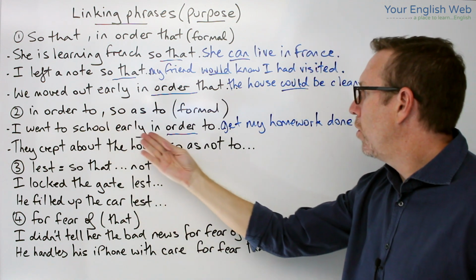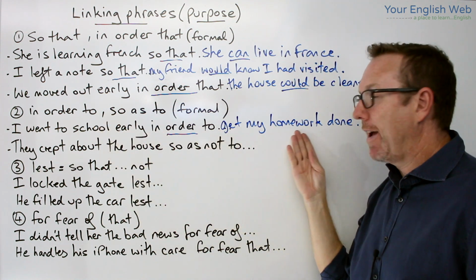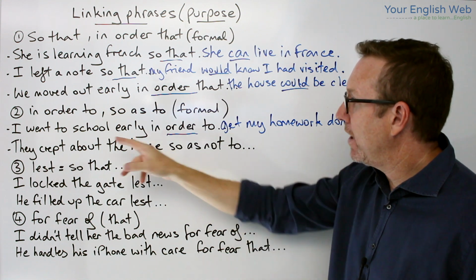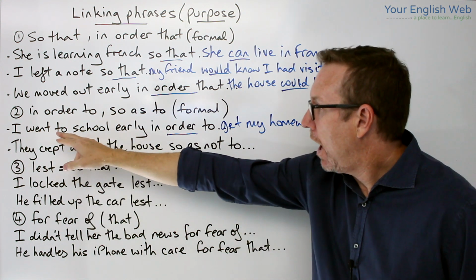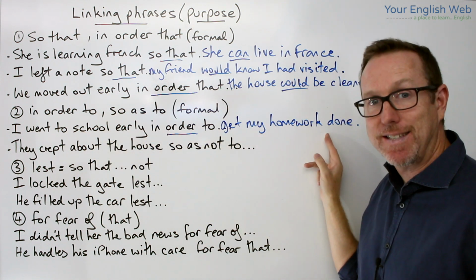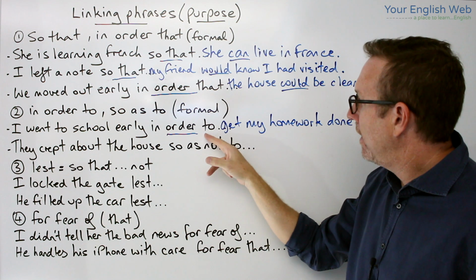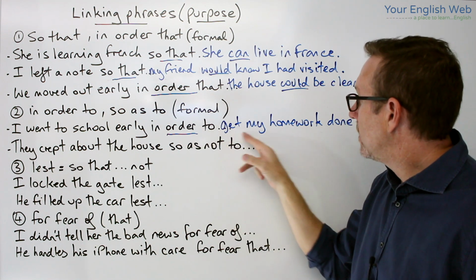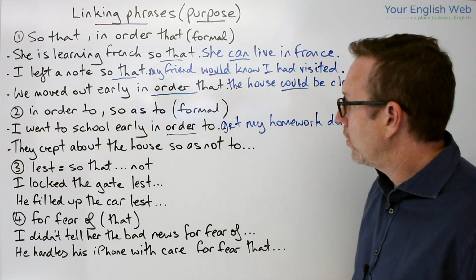So I went to school early in order to get my homework done or finished. That was the purpose of me going to school early. I went to school early in order to get my homework done, okay? Again, here the linking phrase, the subordinate clause, the main clause.